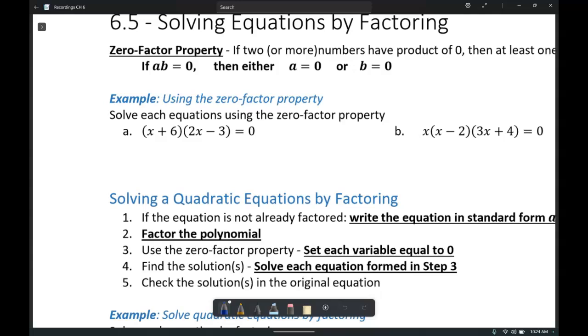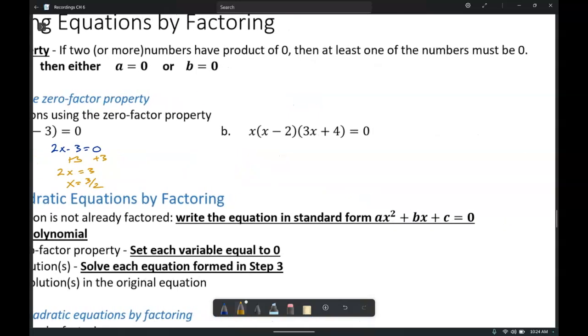So here we have something that's already factored. Therefore, we can go ahead and set both of these factors equal to zero and solve for both the equations to get the two possible solutions. Therefore, x equals -6 and x equals 3/2.